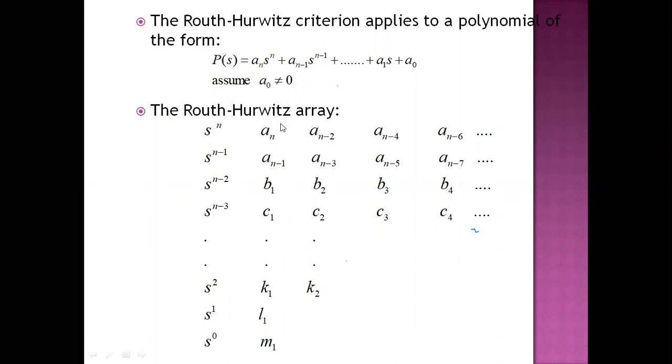If all the elements in the first column are positive and greater than 0, then the system is stable. If any one element is negative, the system will be unstable.